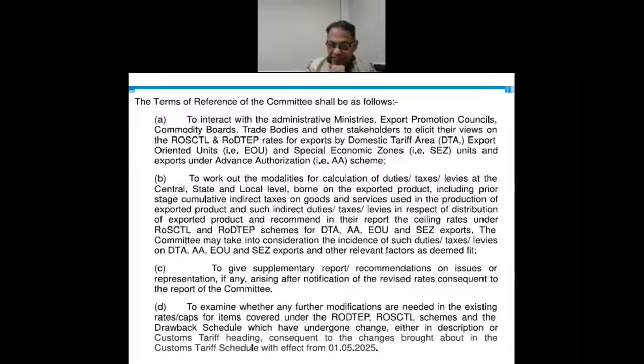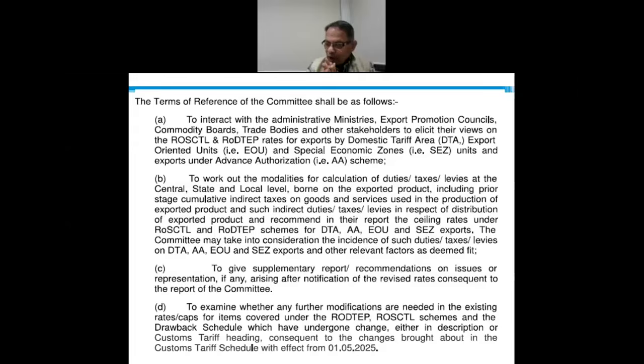To examine D, to examine whether any further modifications are needed in the existing rates or caps for items covered under the RoDTEP, RoSCTL scheme and the drawback schedule which have undergone change, either in description or customs tariff heading, consequent to the changes brought about in the customs tariff schedule with effect from 1/5/2025.